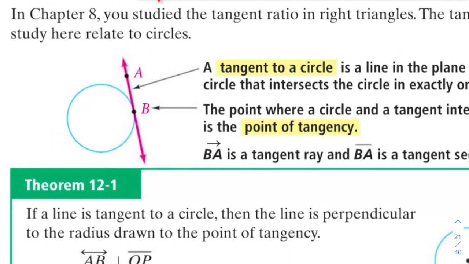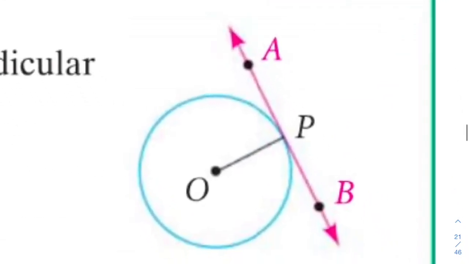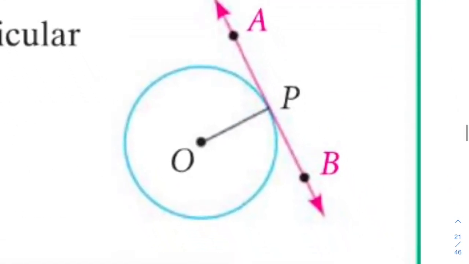What's cool about tangent lines, and this is our first theorem, is that they're perpendicular to the circle. So here is OP, it's perpendicular to a radius. And it doesn't matter, as I spin the line around the circle, it will always be tangent. So we have two right angles right here.